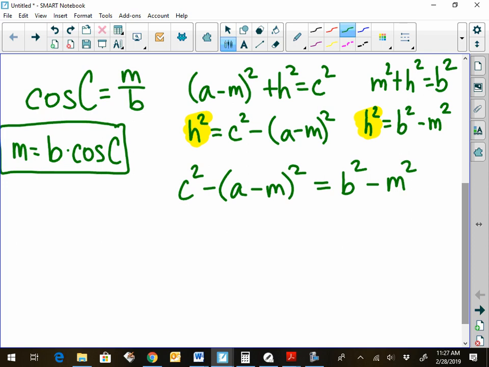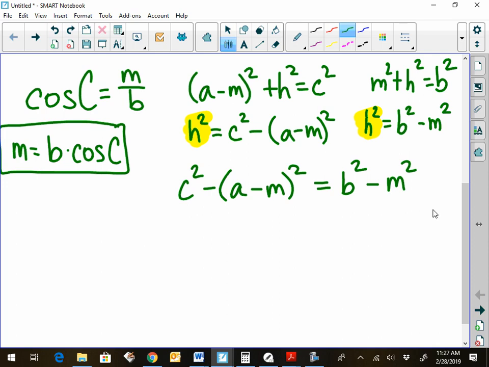Now, I'm going to do just a little bit of algebra. I want to move this part, the minus (a − m)², to the other side, because eventually I want to try to get rid of this m².